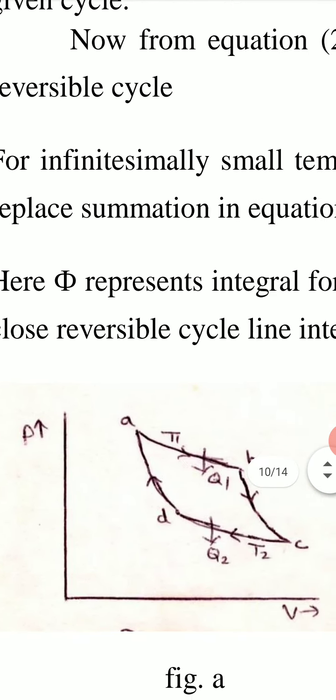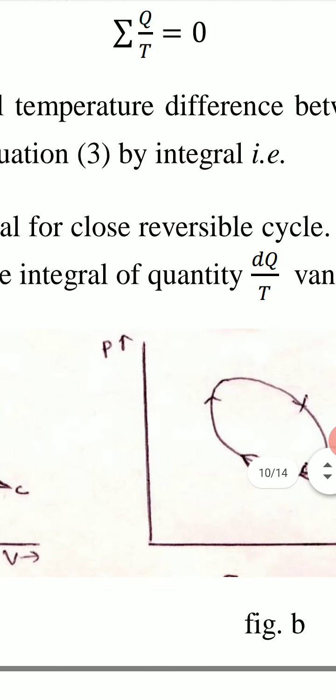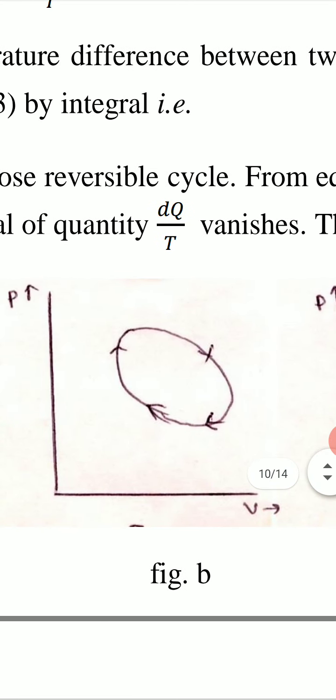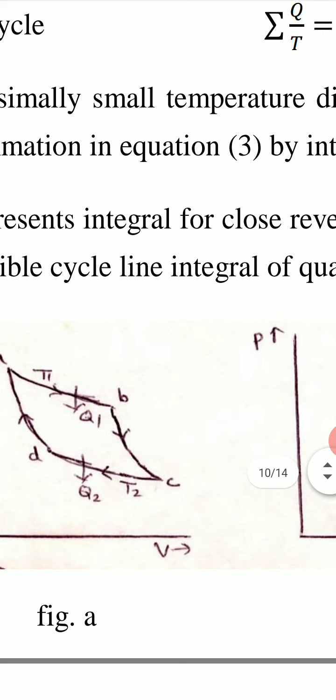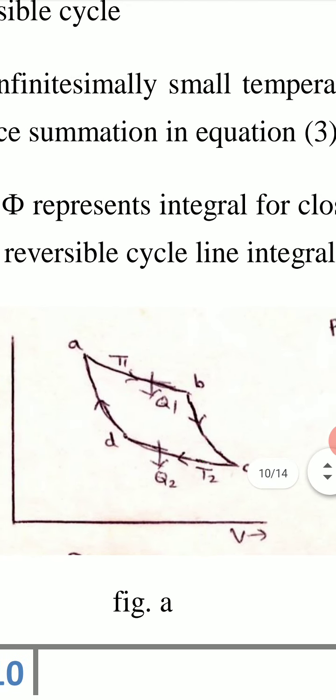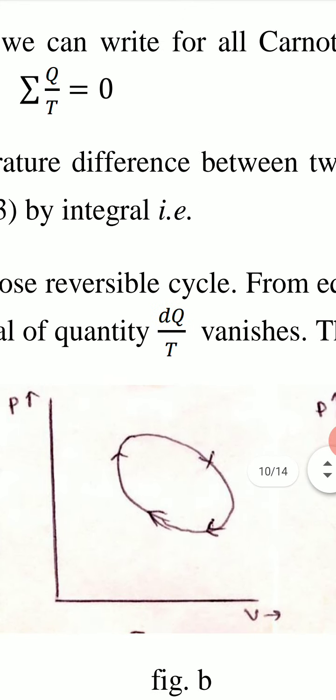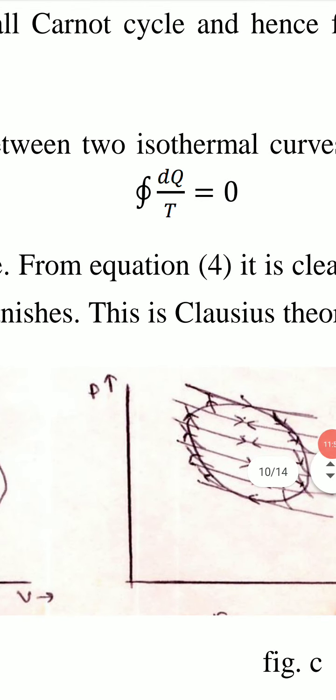For infinitesimally small temperature difference between two isothermal curves, we can replace summation in this equation by integral. So replacing summation by integral, we can write this equation as integral dq upon T equal to 0.